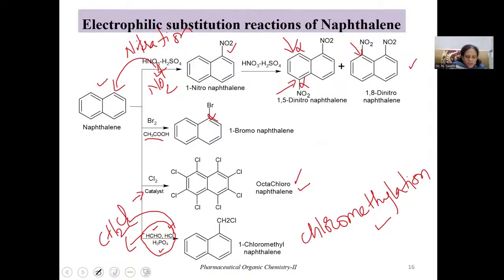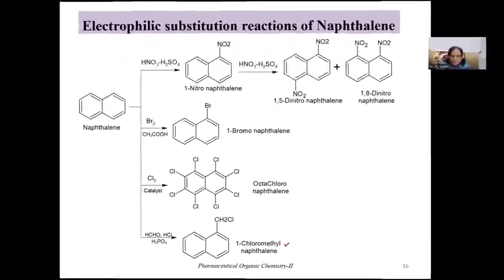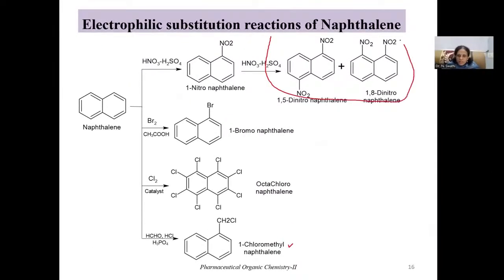The CH2Cl group will attack at the alpha position, because the preferred point of attack is alpha. So we have attached the CH2Cl group to the first position, and that is how we get 1-chloromethylnaphthalene as the product. If you cannot remember the remaining continuation reactions, at least try to remember up to these reactions. That is more than enough, students.